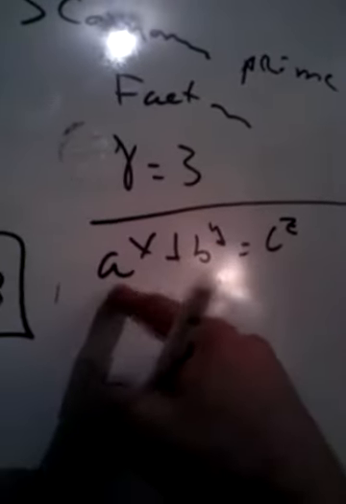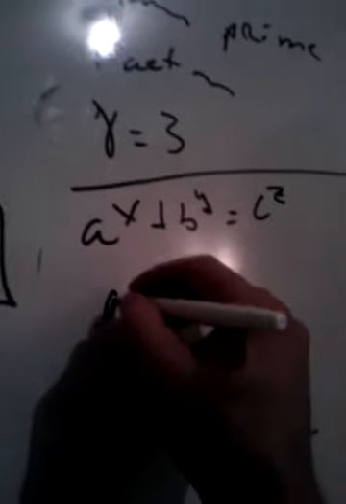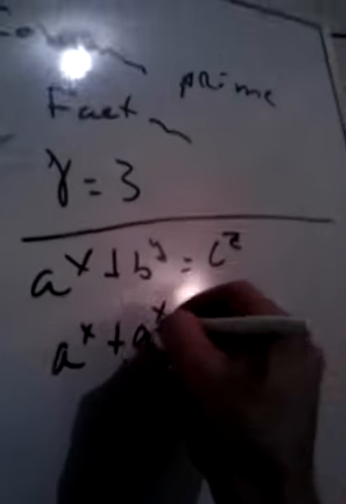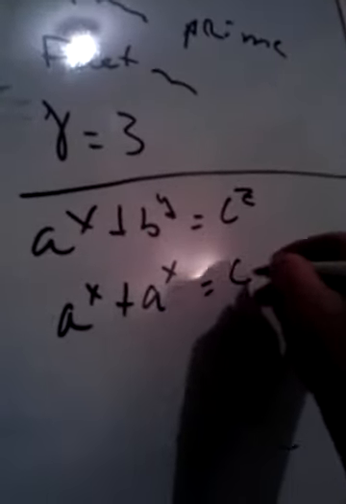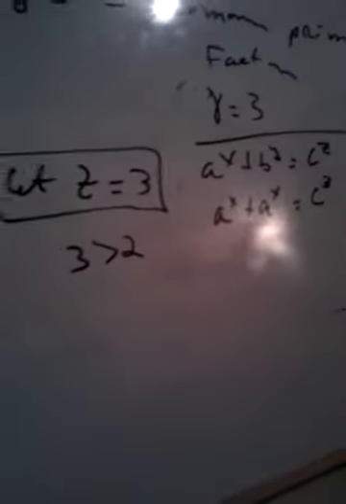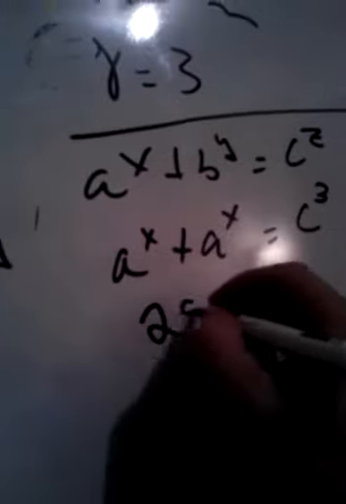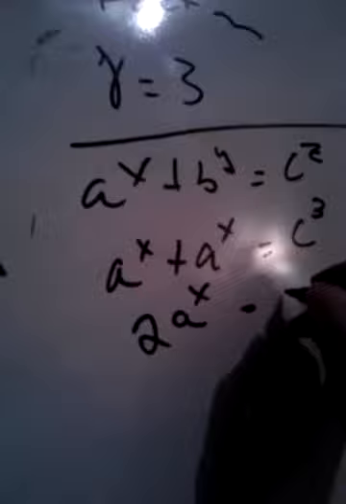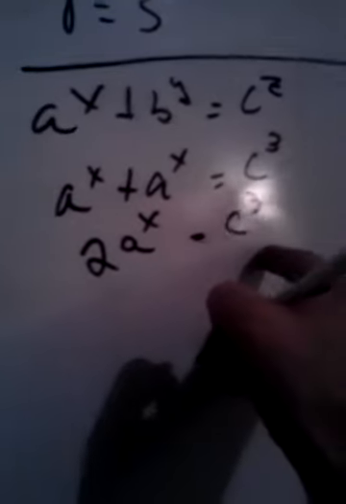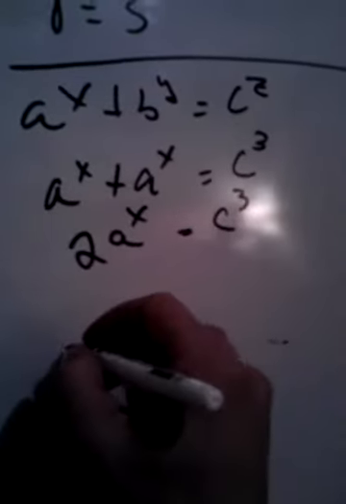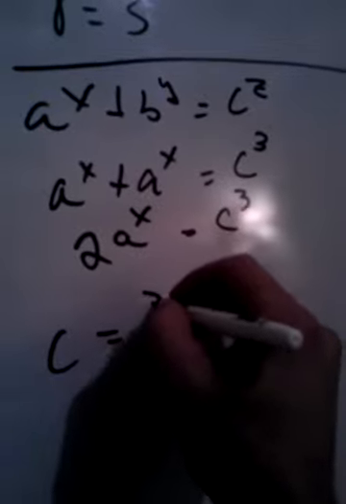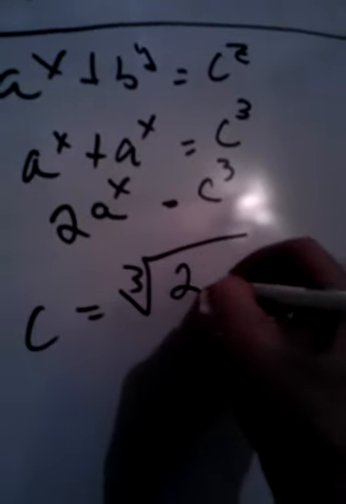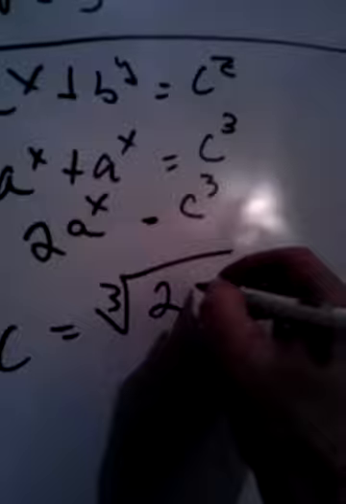Since B is equal to A and X is equal to Y, I get A to the X plus A to the X is equal to C cubed. So I get 2 times A to the X is equal to C cubed. We're going to solve this for C, so C is equal to the cube root of 2 times A raised to the X power.